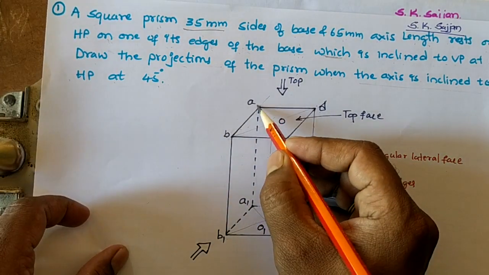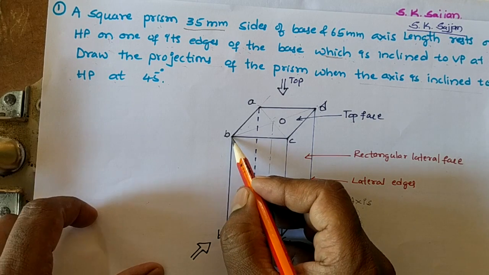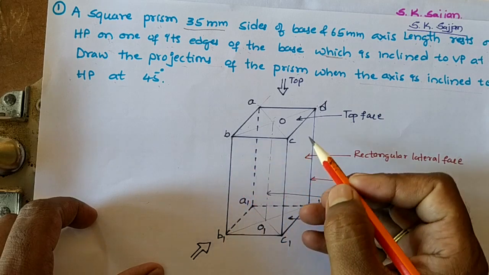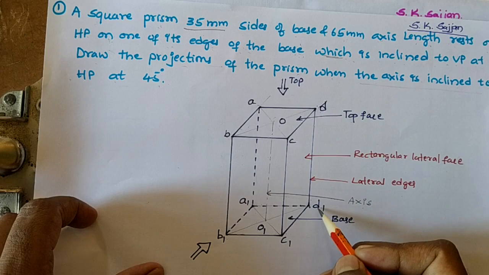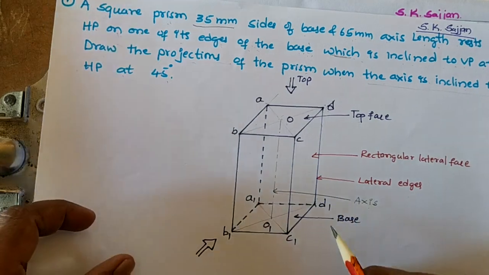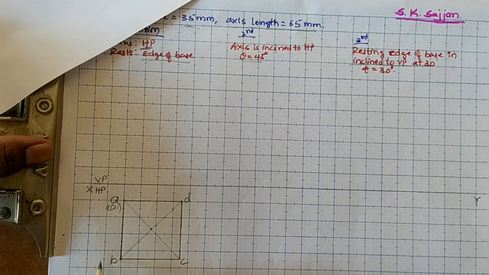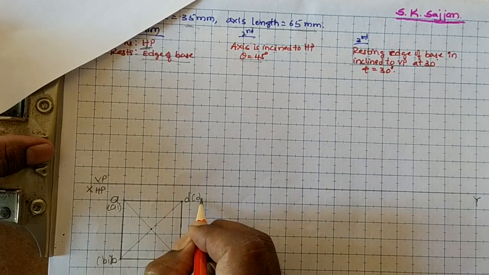Okay, see, A is visible, A1 within bracket. B is visible. What about B1, coincide with B? Then write it within bracket like this. C visible, C1 within bracket. D is visible, D1 within bracket. So A bracket A1, B bracket B1, C bracket C1, D bracket D1.